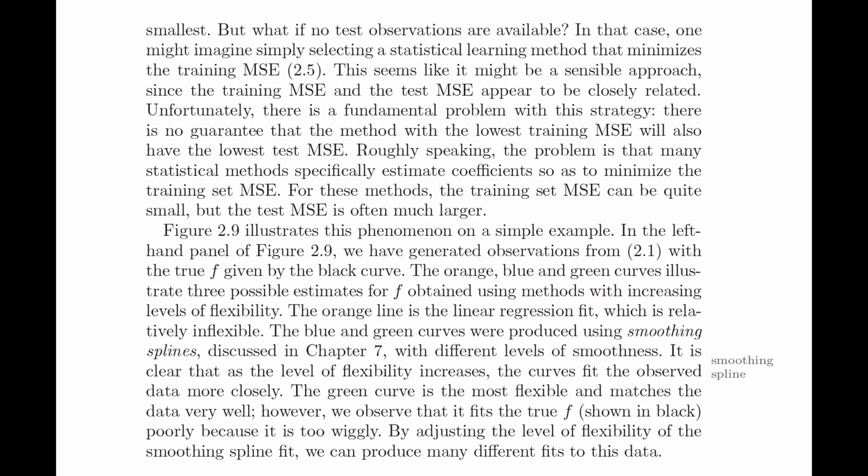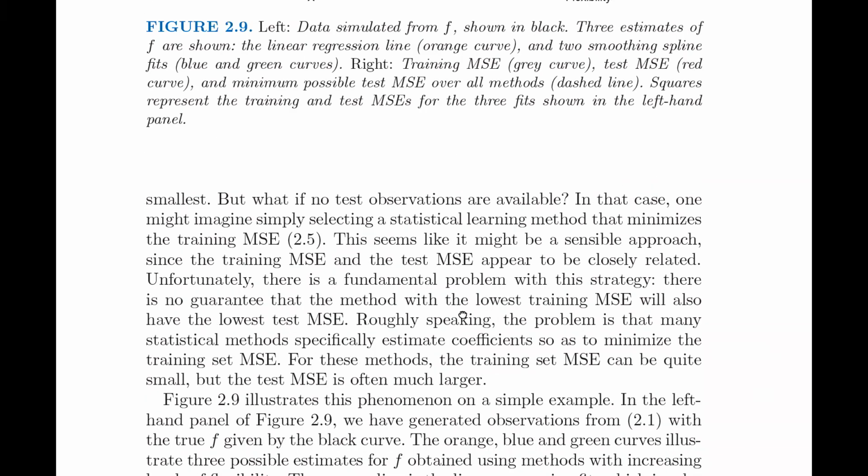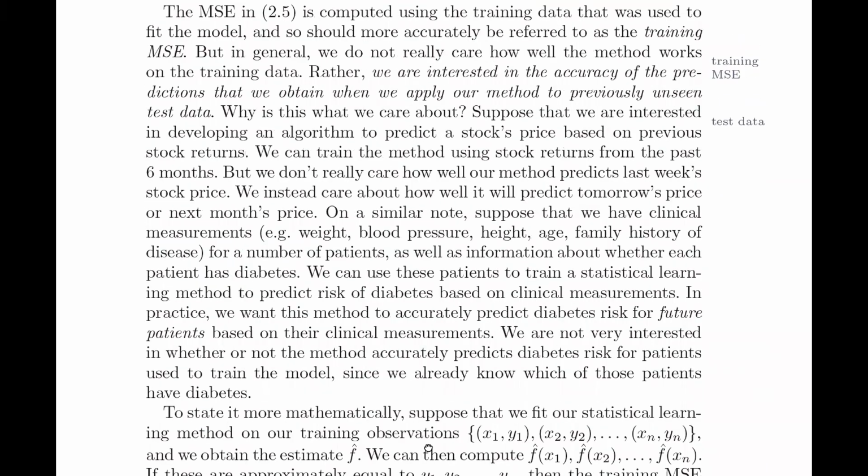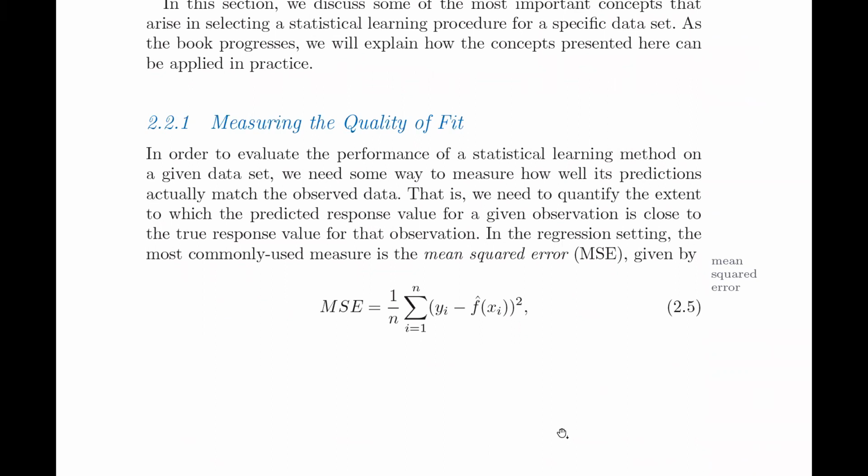But Sir, yes, there was a formula with f hat of x naught and y naught. Yeah, that one. So remember from yesterday's notation, yi is the actual observation, and you use those observations from 1 to n to create a model.